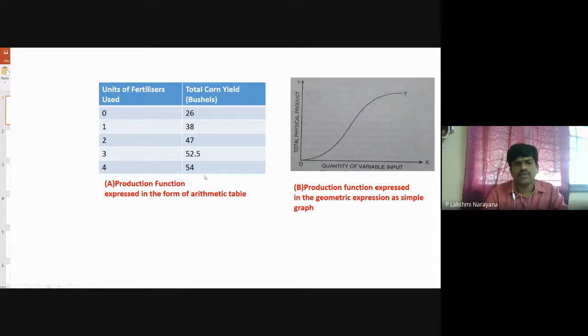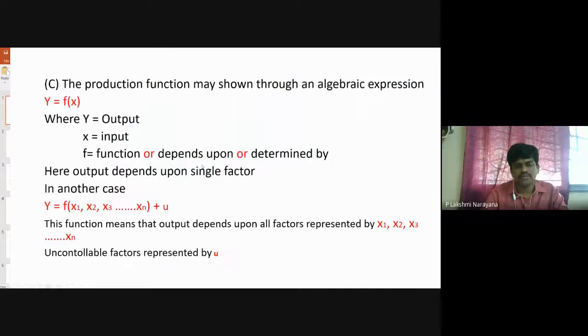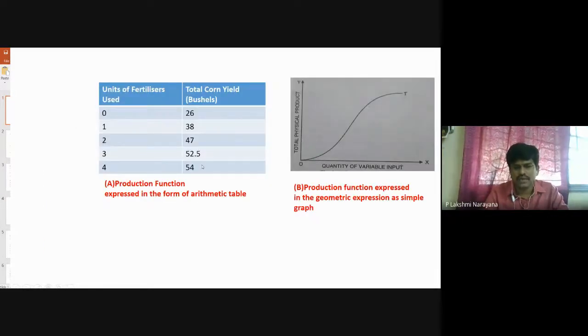So here you can observe when inputs are increasing, output is also increasing. 26, 38, 47, 52.5, 54, like this. So this is called a production function expressed in the form of an arithmetic table.